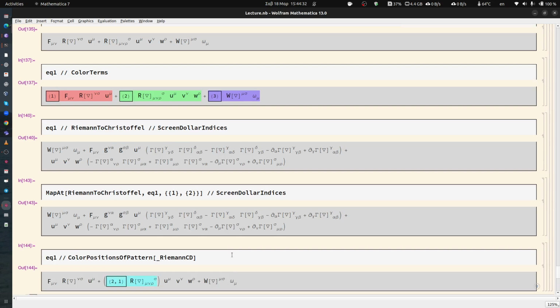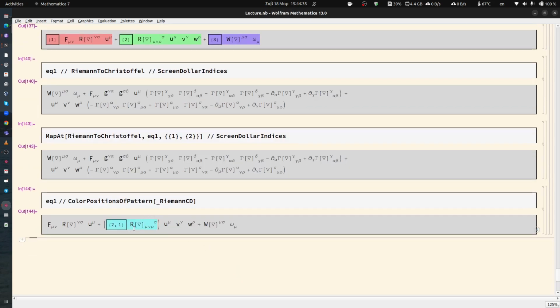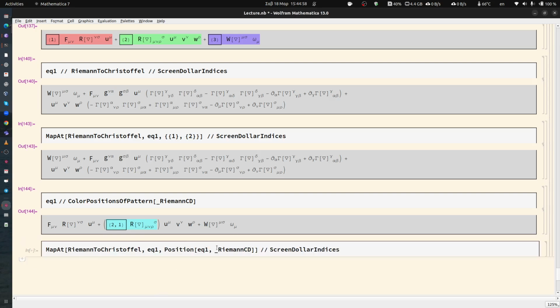So here you see that only the term 2, 1 is the one that has this particular pattern, this particular head. And then we can use this expression here to apply this function, RiemannToChristoffel, to our expression only at the position where you find a Riemann tensor.